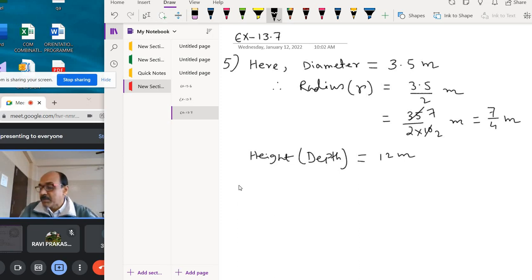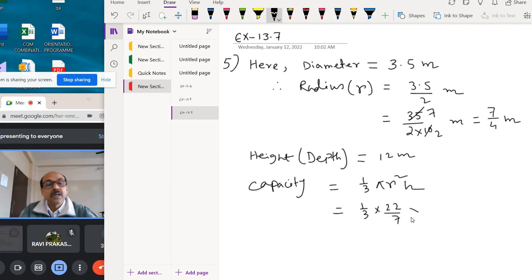So capacity equal to 1/3 pi r square h equal to 1/3 into 22/7, and radius is 7/4, that is 7/4 into 7/4 into height 12.